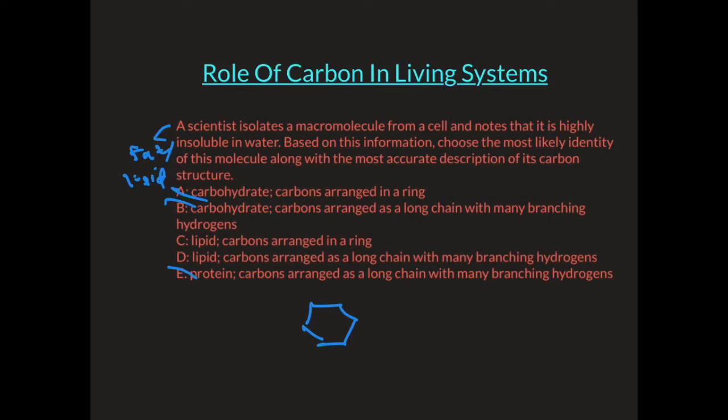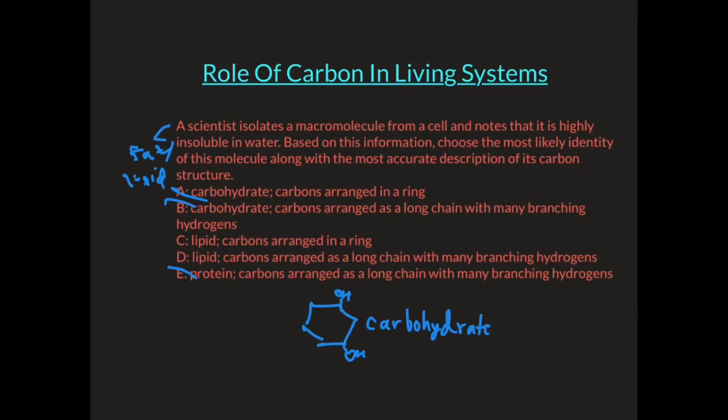But this is where becoming very familiar with structures of certain things really helps, because you'll know that this structure where carbon is arranged in a ring and you see groups like that, this is the common structure of a carbohydrate, not a lipid.